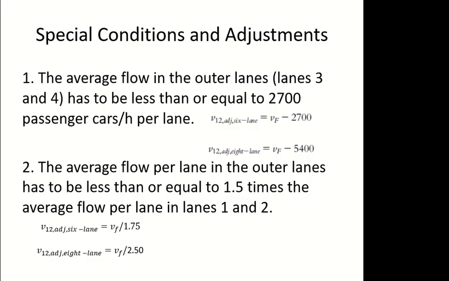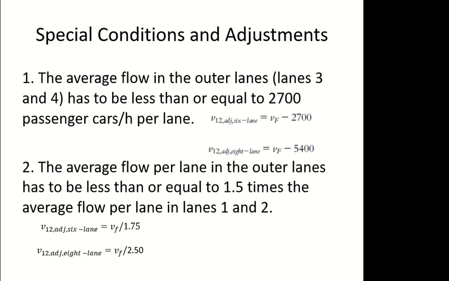The second check is again on the per lane flow in the outer lane, but it is a ratio. The outer lane flow per lane should be less than or equal to 1.5 times the per lane flow of V12. So the per lane ratio of outer lane to inner lane should be 1.5 or less.